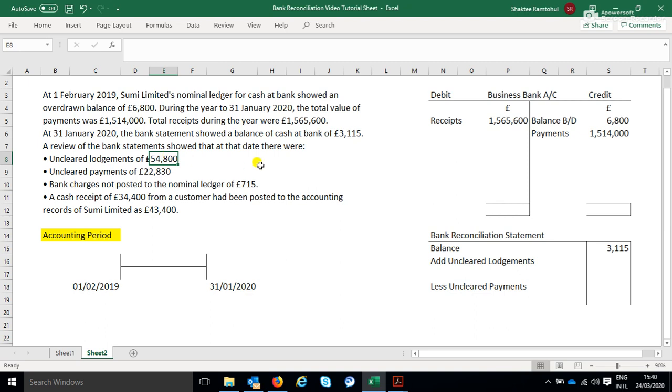And what could have happened is this, and I'm only making this up: maybe customers could have paid us by check, but we haven't had the chance to deposit the check at the bank. So that could be one scenario, in which case it will appear on the debit side as receipts, but it wouldn't appear on our bank statement.